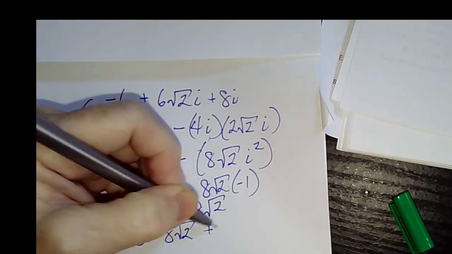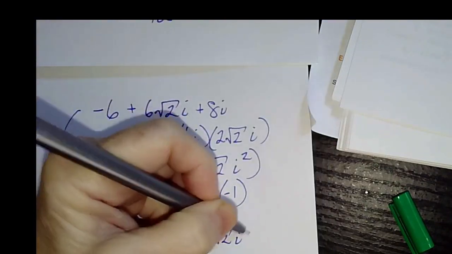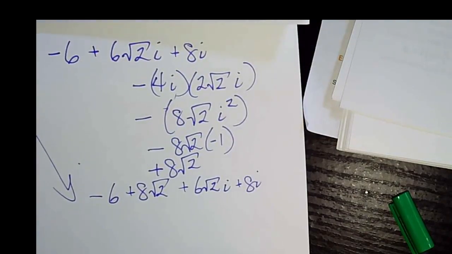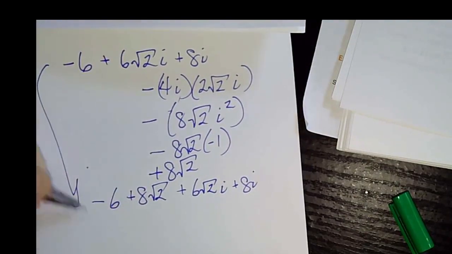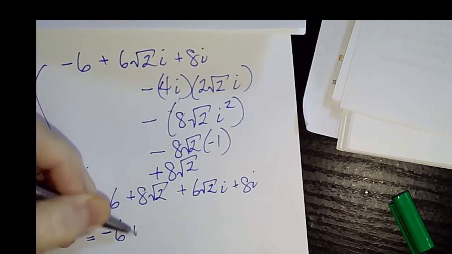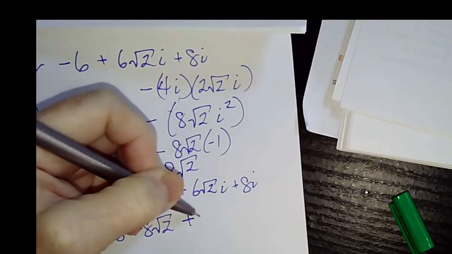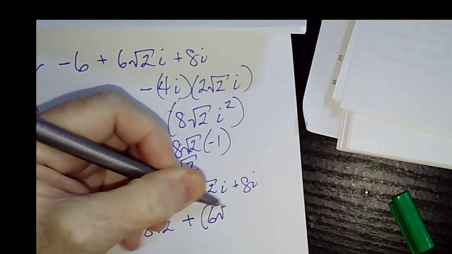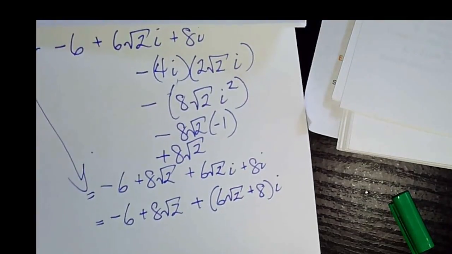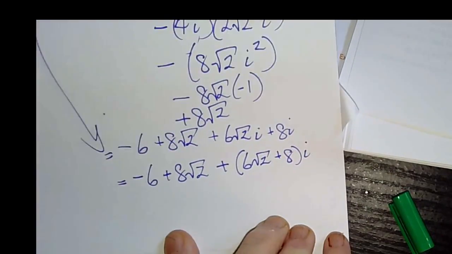Okay, so plus 6 square root of 2i plus 8i. But I still have two i terms. So I want to write this as negative 6 plus 8 square root of 2 plus 6 square root of 2 plus 8i. That's the numerator.